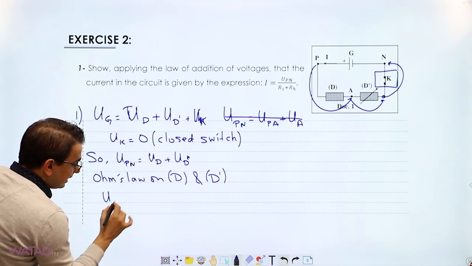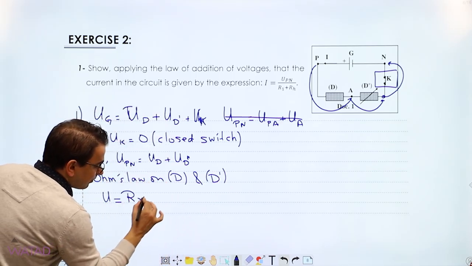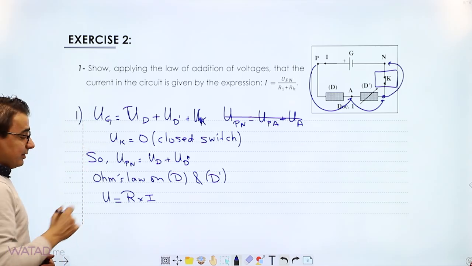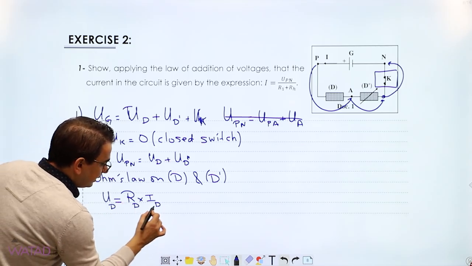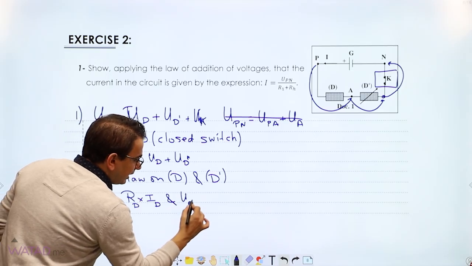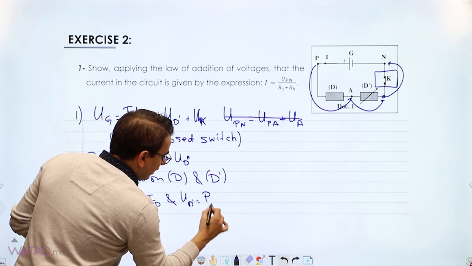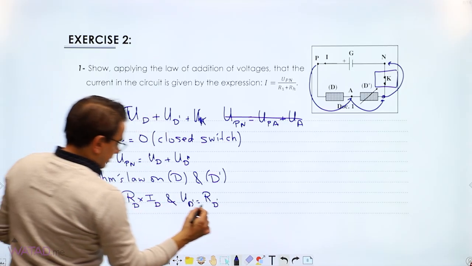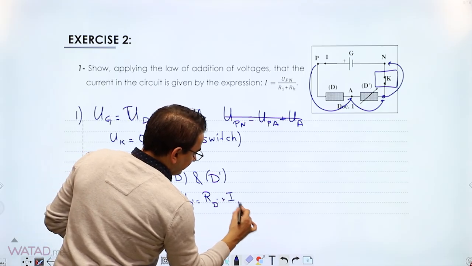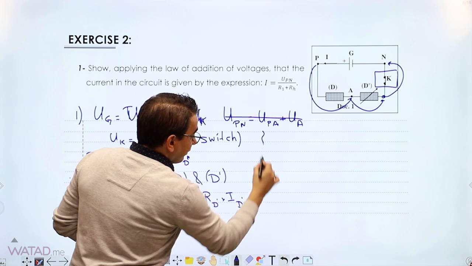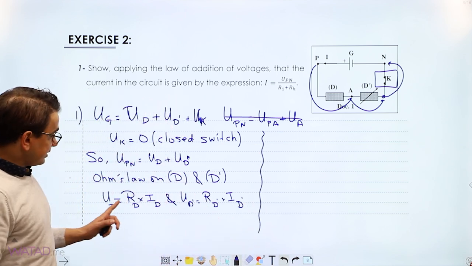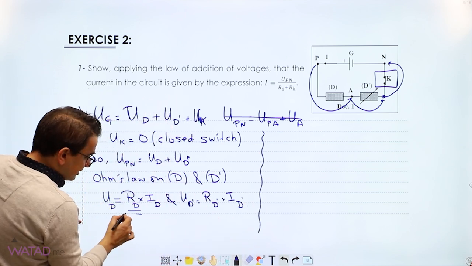Which states U equals R times I. Okay? Now, UD equals R of D times I of D, and U of D prime equals R of D prime times I of D prime. Okay? Now, first I have the values of the resistances.